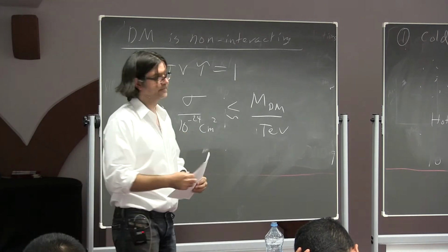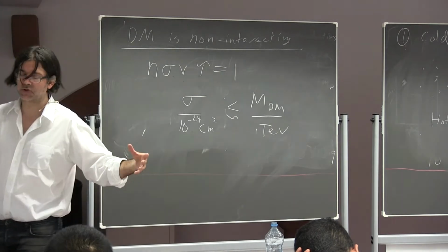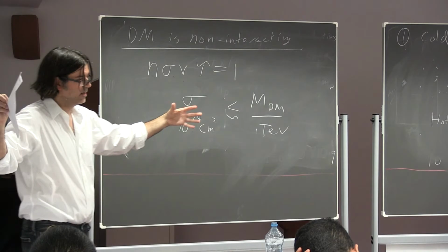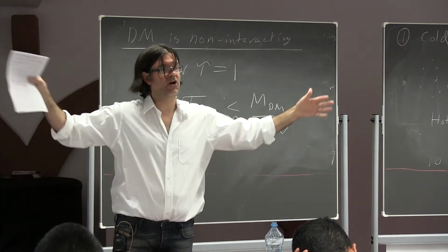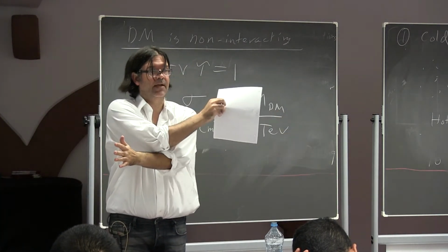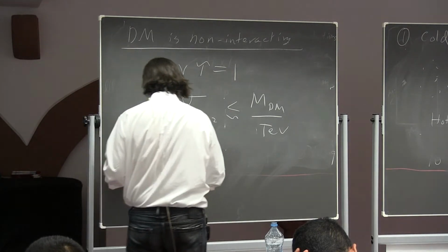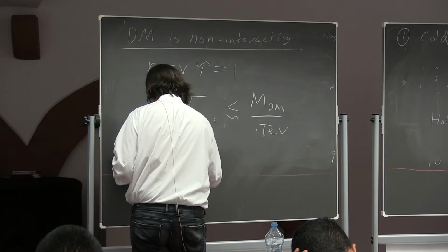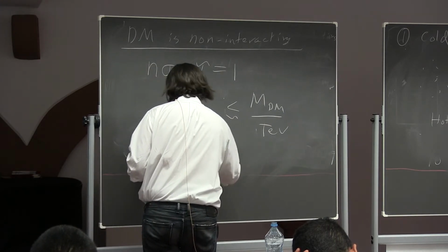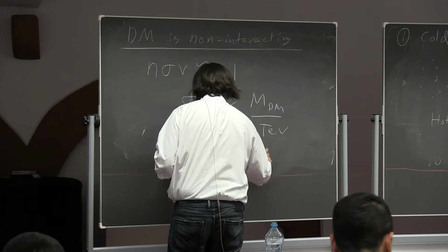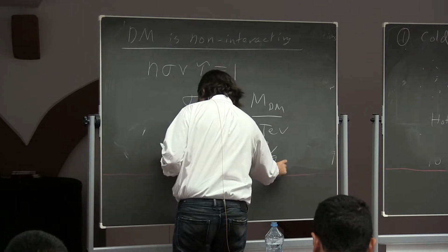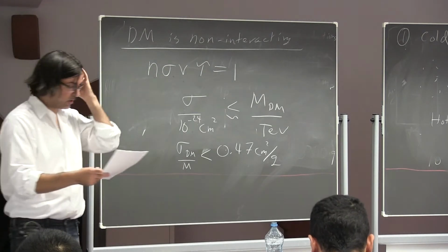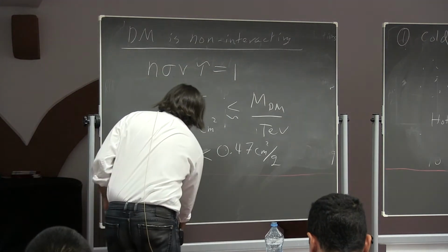The Bullet Cluster, the very famous pair of clusters that came together, where the ordinary matter collided and slowed down, and the dark matter passed through itself and continued on moving, gives you a limit of about 0.47 centimeters squared per gram, which is the language that your astronomer friends like to talk in, and which is basically the same as this limit.